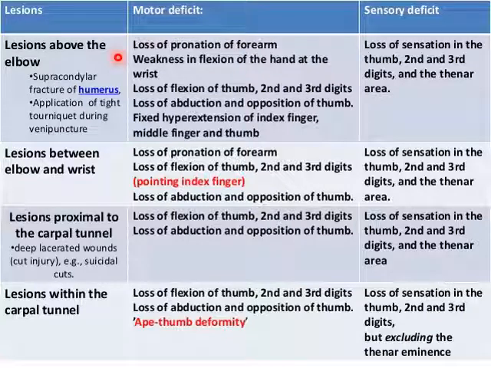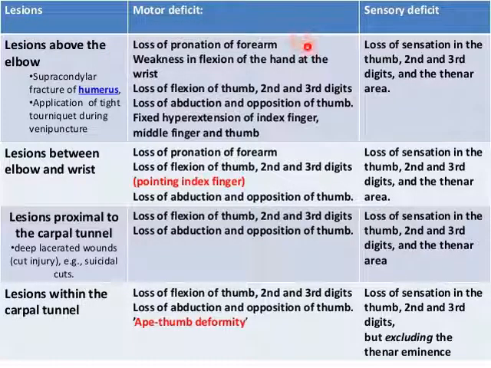The lesions may be above the elbow, maybe due to supracondylar fractures or applying a tight tourniquet during venipuncture, or maybe a very simple thing like inflating a BP cuff to record the blood pressure. If the BP cuff is inflated for a longer time, it also causes numbness.